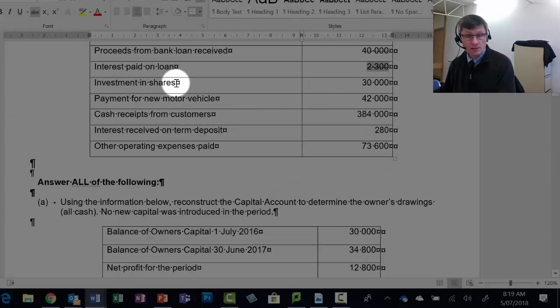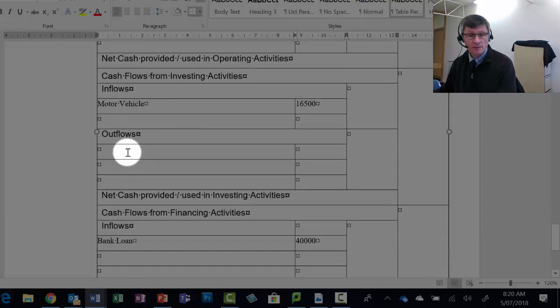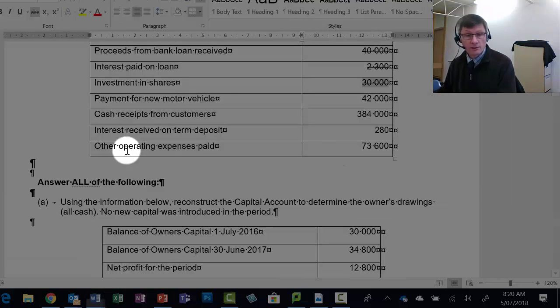Investment in shares. Again, that's a bit of a giveaway. We've invested in some shares, $30,000. That's money going out. So it's an outflow in investment. So let's put that in. So that's shares, 30,000. So we've got that. Payment for new motor vehicle.